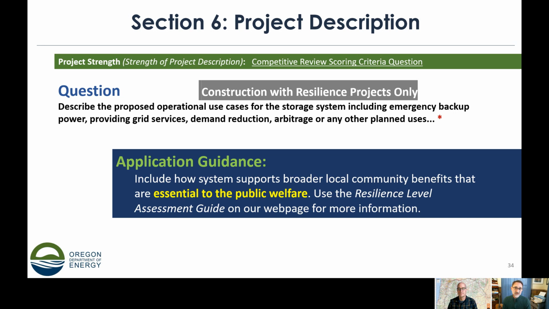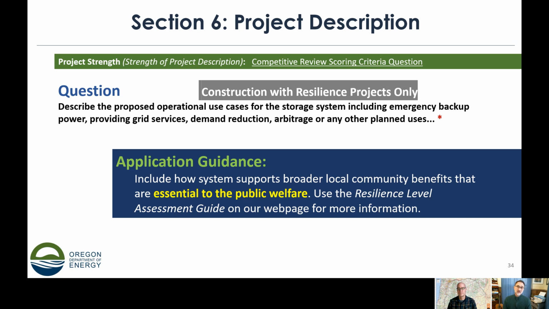This particular question is only going to come up for those projects in the opportunity announcements that are for construction of a renewable energy system with a resilience component to it as well. And that question is, describe the proposed operational use cases for the storage system, including emergency backup power, providing grid services, demand reduction, arbitrage, or any other planned uses.